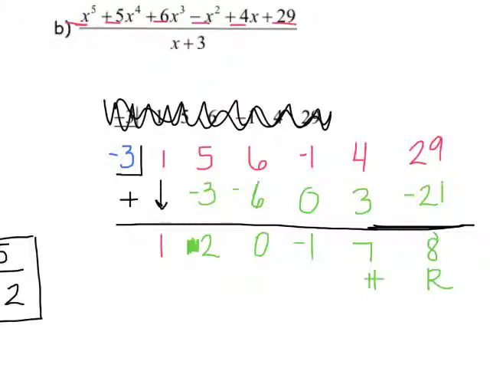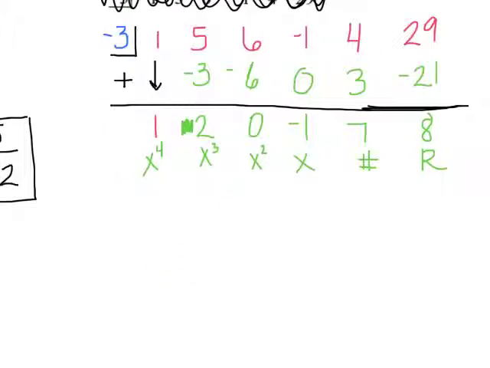Then I can have a number, x, x squared, x cubed, x to the 4th. So you just keep going until you have no more to go. So our answer is 1x to the 4th plus 2x cubed. I would not take off if you wrote plus 0x squared.